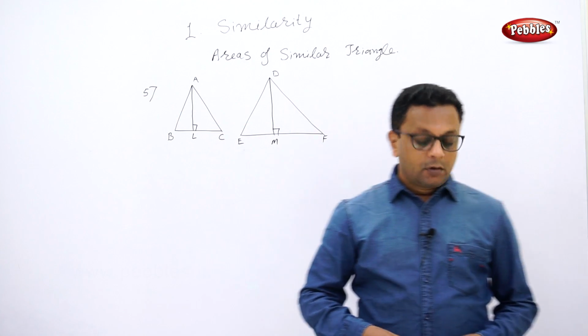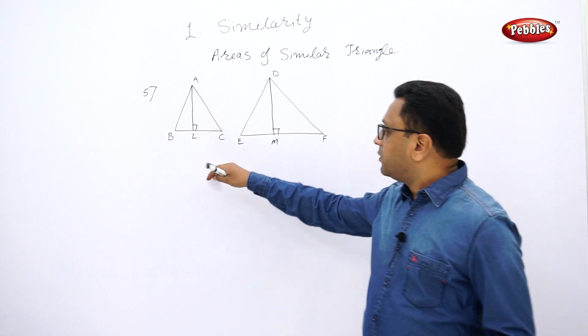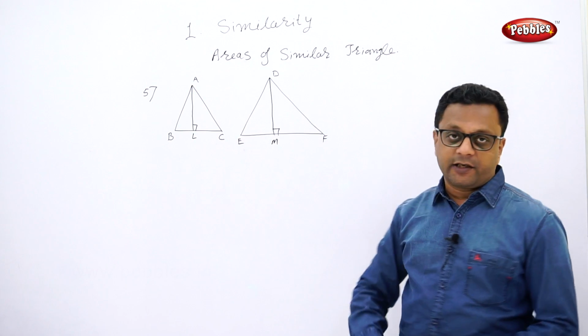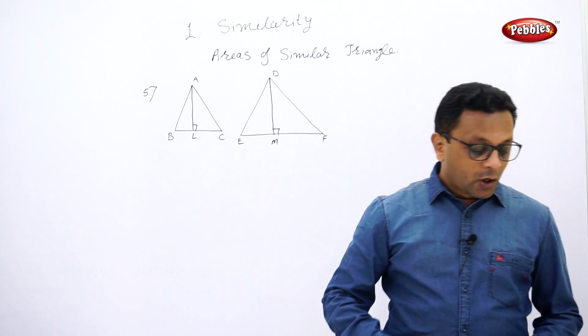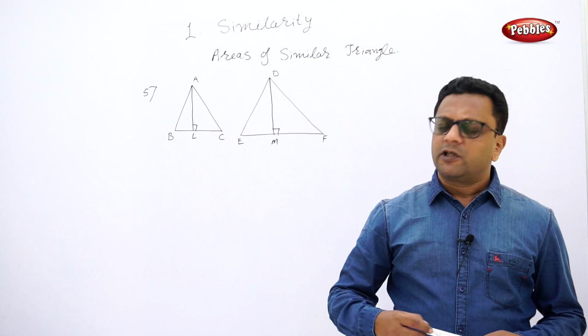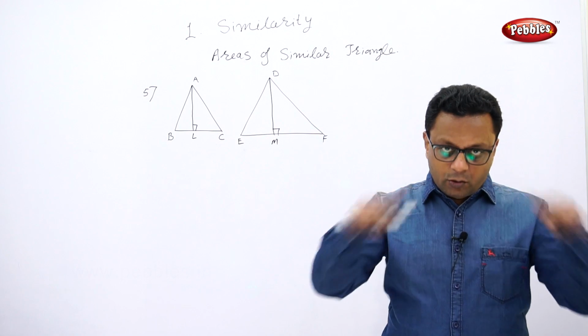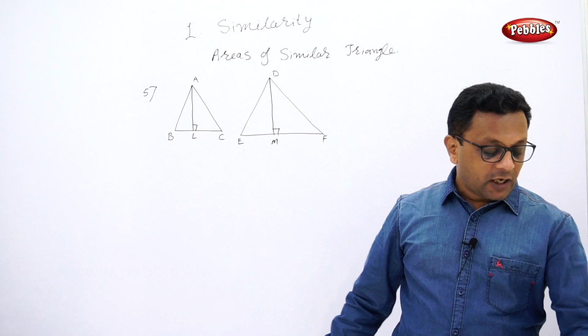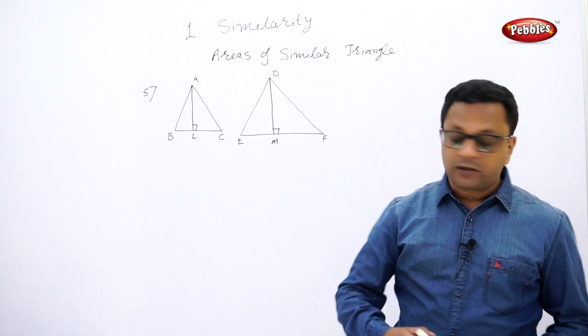Next example, example fifth one. Two triangles are given. These two are the isosceles triangles. Let us read the example. Two isosceles triangles, isosceles means two sides are equal, okay? Two isosceles triangles have equal vertical angles.